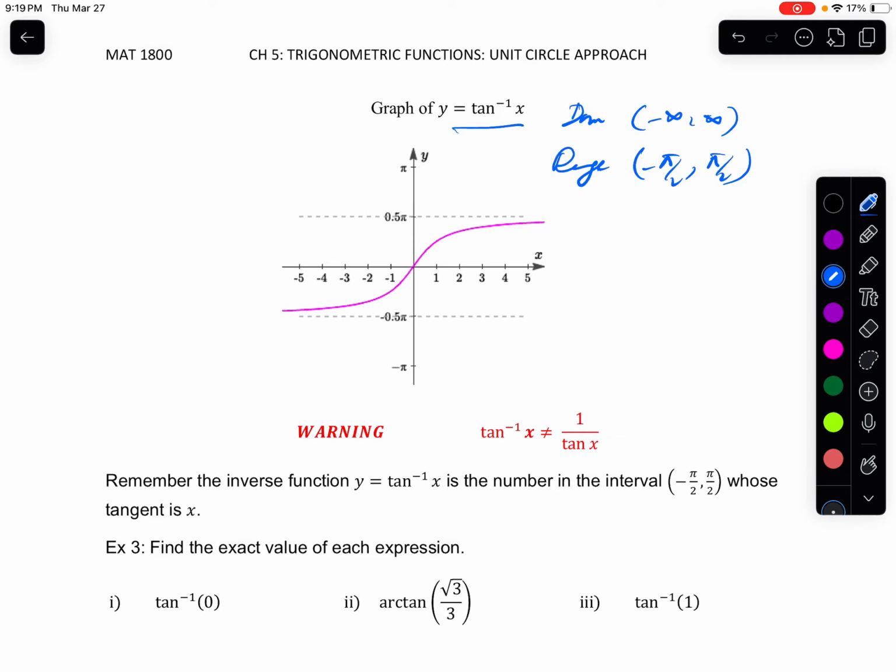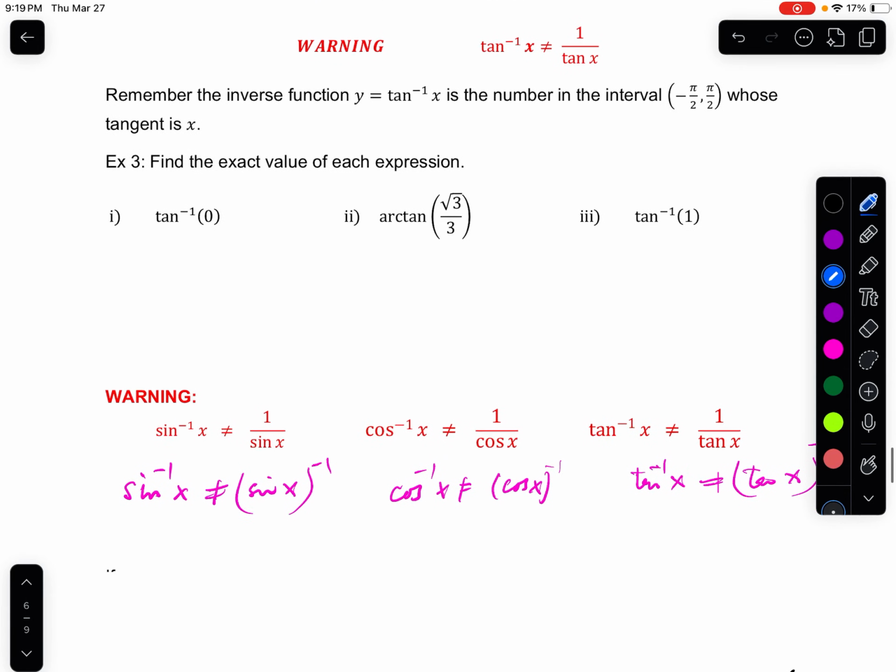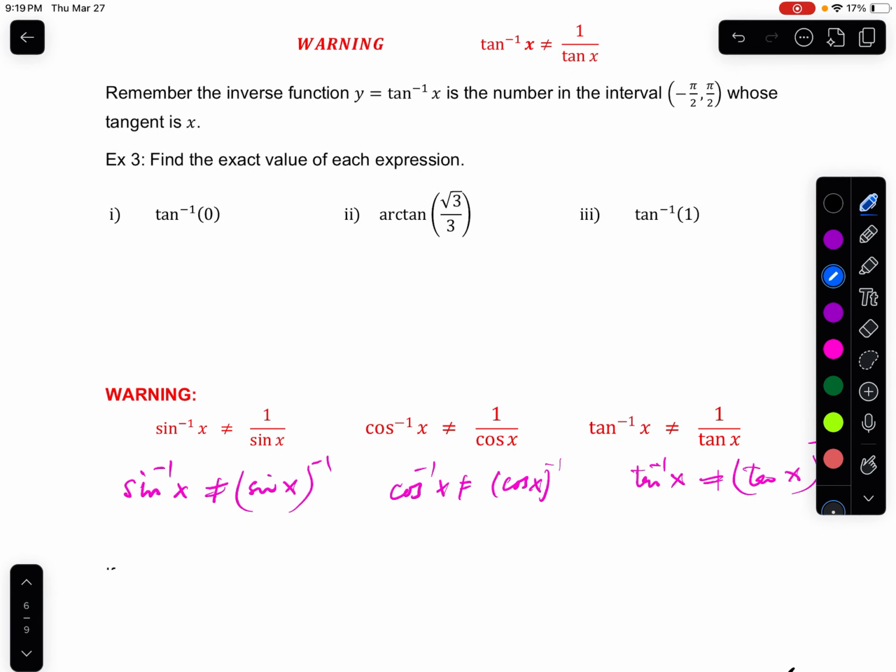The first one is tangent inverse of 0. Again, we are trying to find a value t such that tangent of t is equal to 0. When will the tangent be 0? Remember, tangent of t is sine of t over cosine of t. Since there is a fraction, it will be 0 when the numerator is 0, so sine of t is 0.